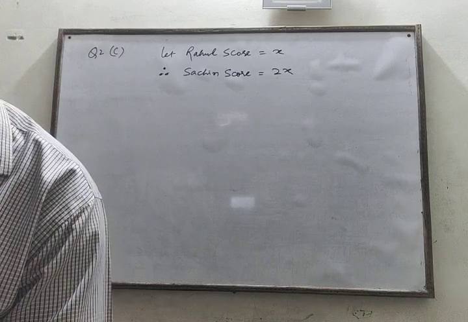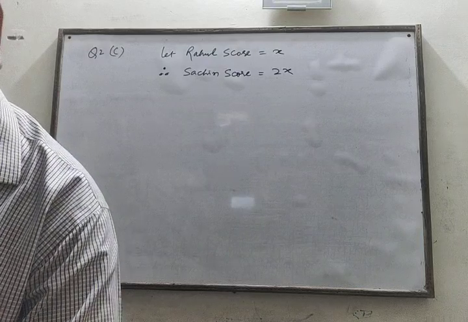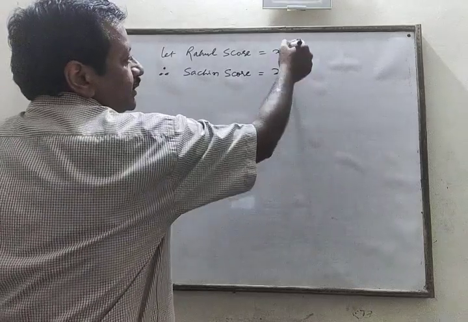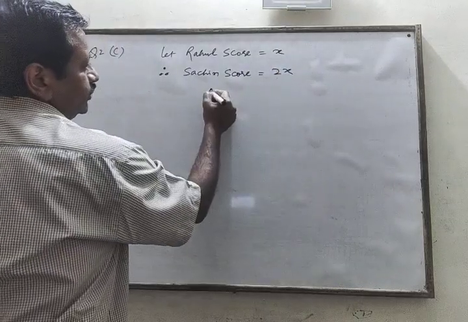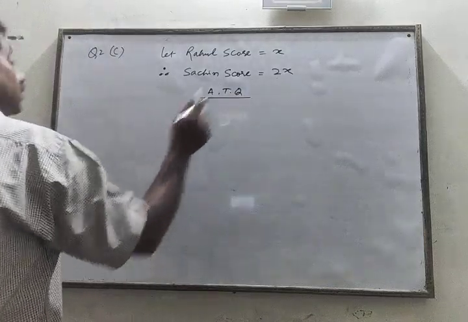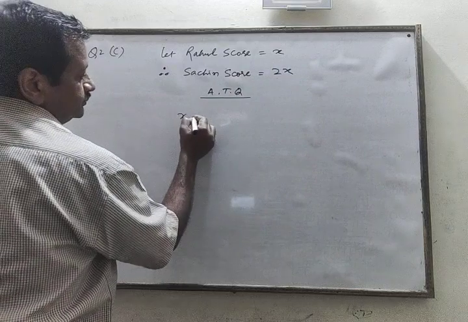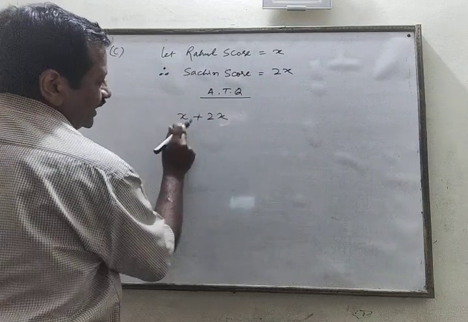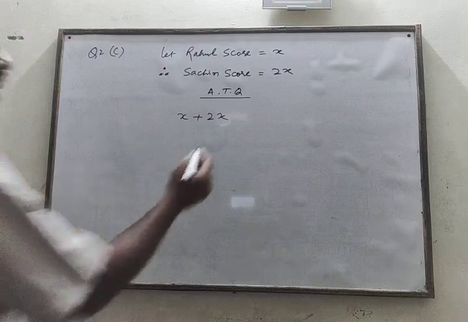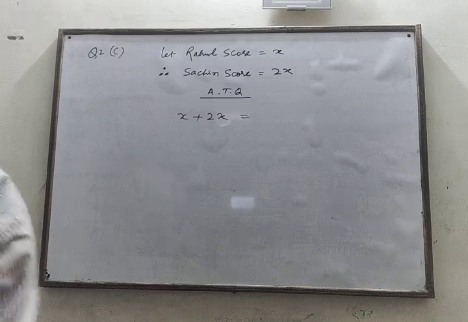Together, their runs fell too short of a double century. According to the question, the total of the score of both the players together is equal to, what is written in the question?